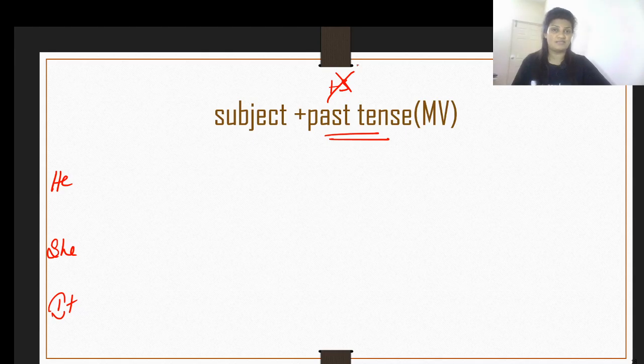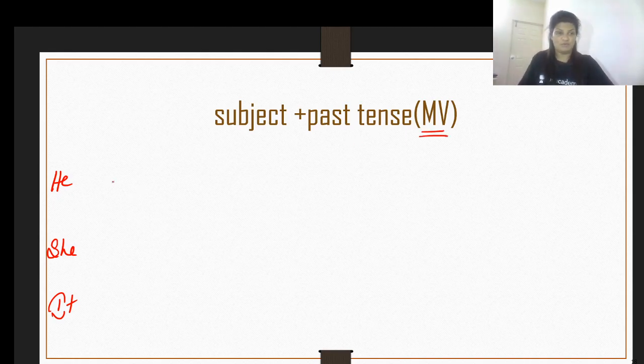All the present tenses that we have learned, simple present, present continuous, present perfect, and present perfect continuous, they all use plus S forms when it comes to he, she, or it with third person singular subjects. But with simple past, we do not apply that formula. The plus S formula doesn't work over here. We in fact go with the past tense of the main verb.